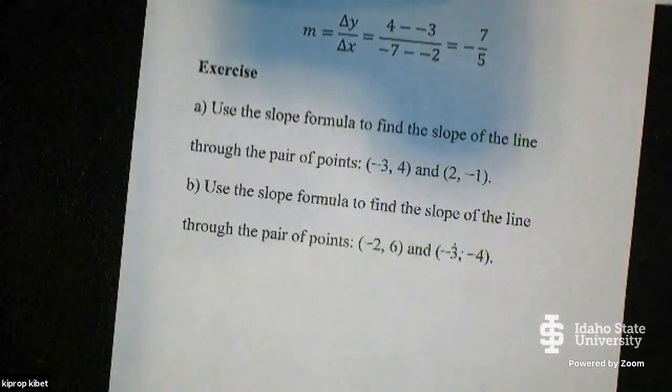Use the slope formula to find the slope of the line through the points -2, 6, and -3, -4.